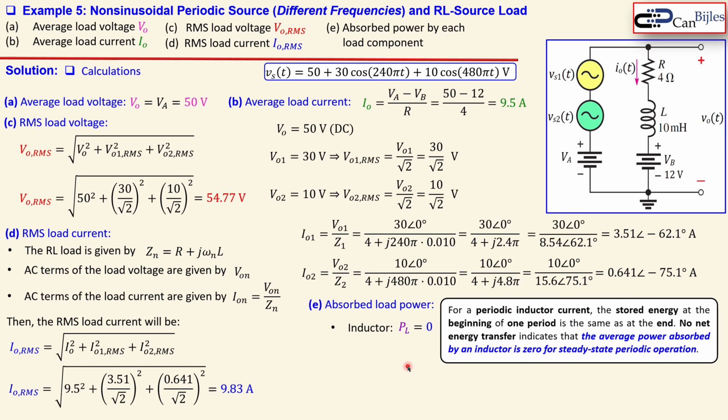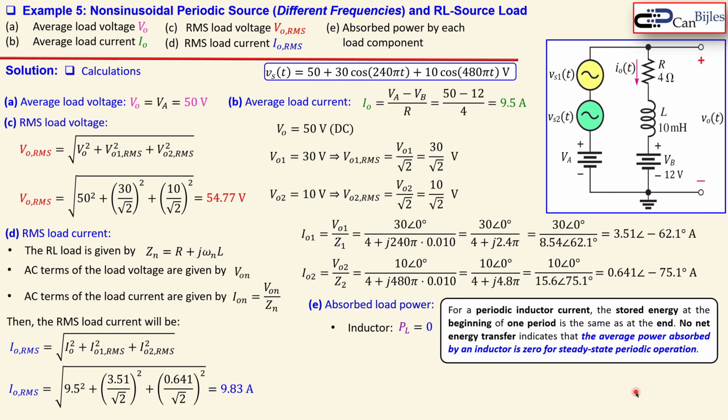For a periodic inductor current, which is the case because this is periodic, the stored energy at the beginning of one period is the same as at the end. So there is no net energy transfer. That indicates that there is no average power absorbed by an inductor. So at steady state we have 0 absorbed power by the inductor.